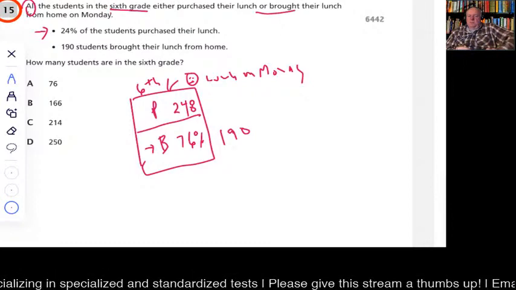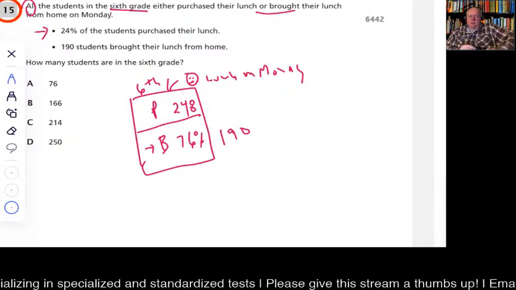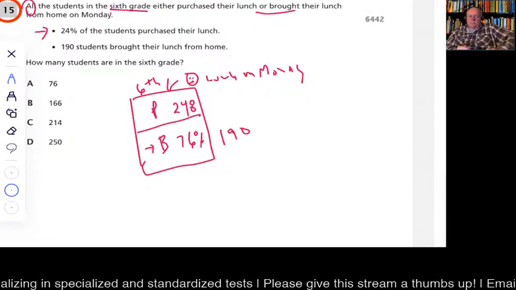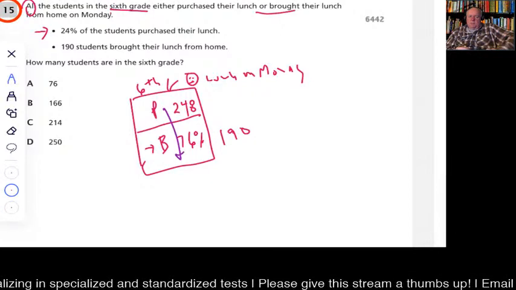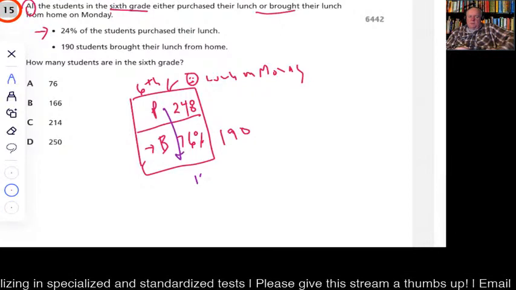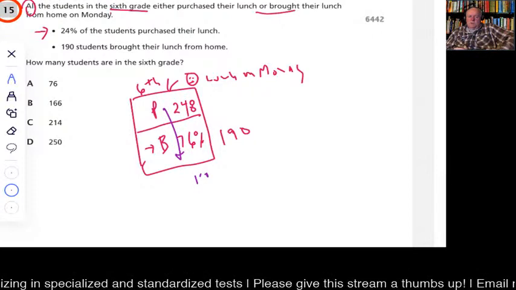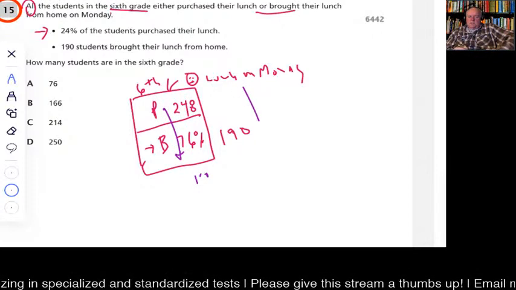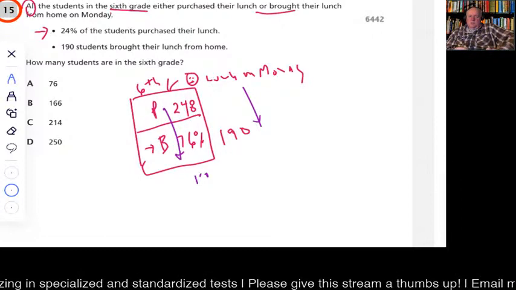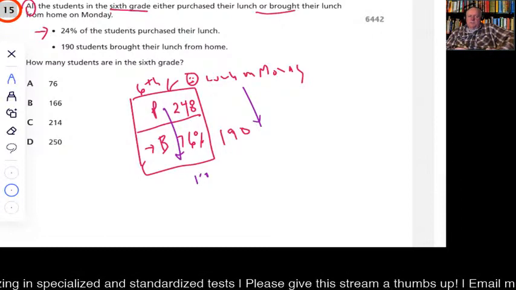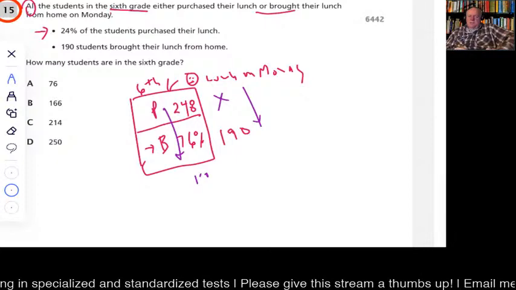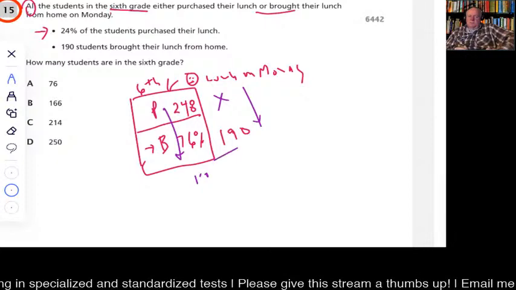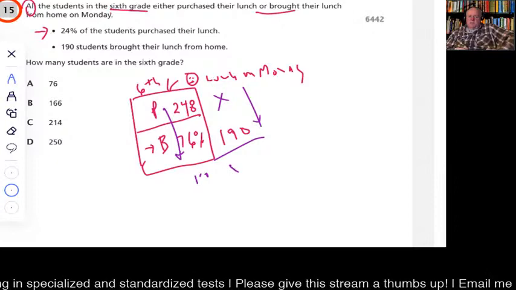If we total this column here, going down here, we get 100%. What about if we total this column here, which is the number of students? We don't know how many purchased it. So let's call that X. That's X. So the total number of students is X plus 190.